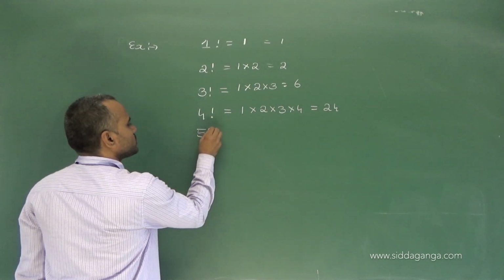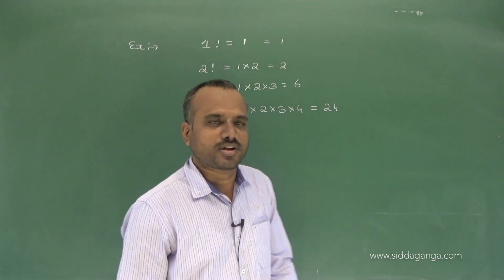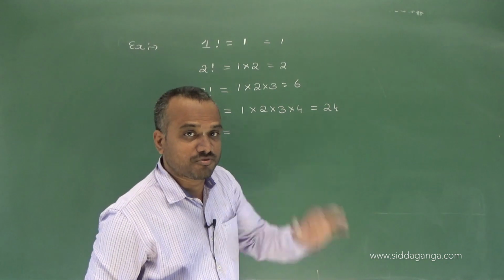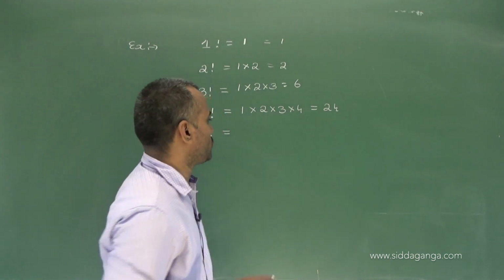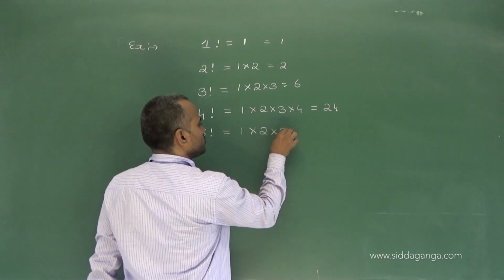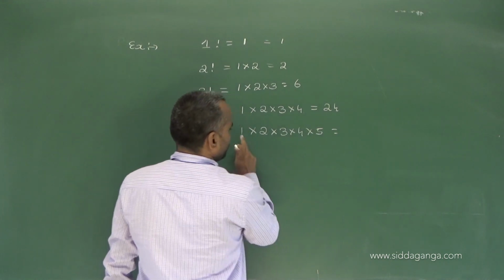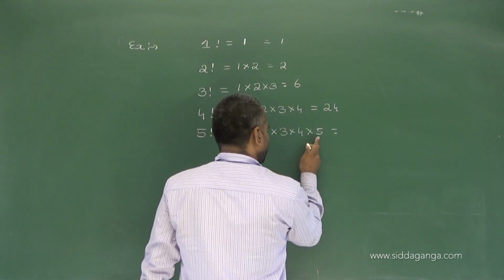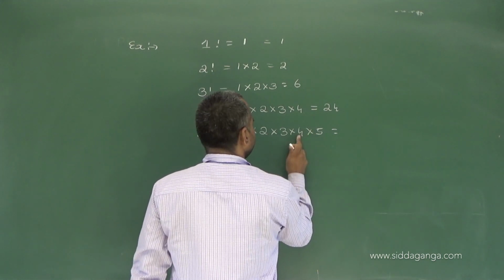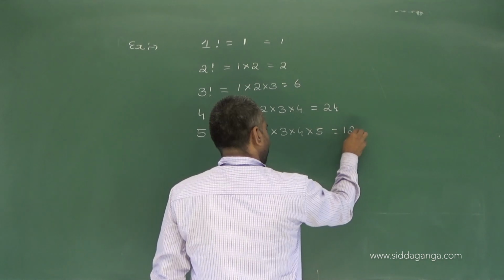So I want 5 factorial. That means the product of the first 5 natural numbers, 1, 2, 3, 4, 5. 1 into 2 into 3 into 4 into 5. That's how much? 5 2s are 10, 10 3s are 30, 30 4s are 120. Correct?